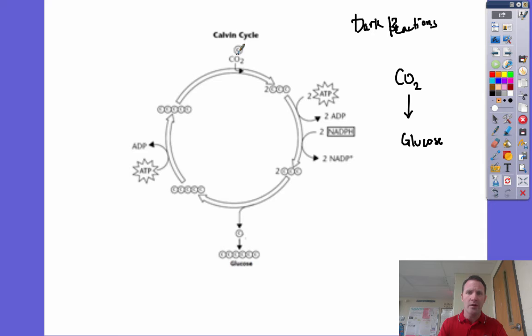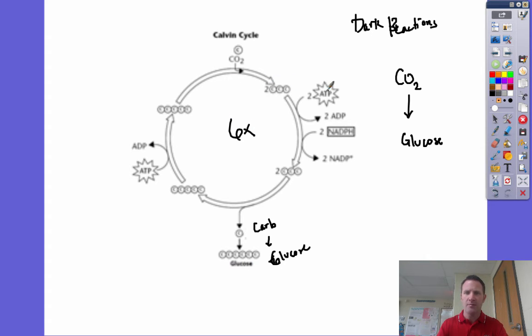So we're going to input a carbon. We're going to stick it together with some pre-existing molecules, and we're going to knock off that carbon as a carb or a carbohydrate, and eventually, after enough turns, we'll make glucose. So this has got to spin around 6 times to make glucose.